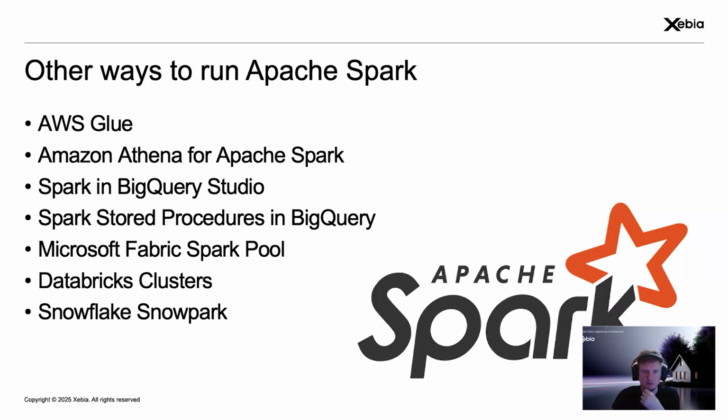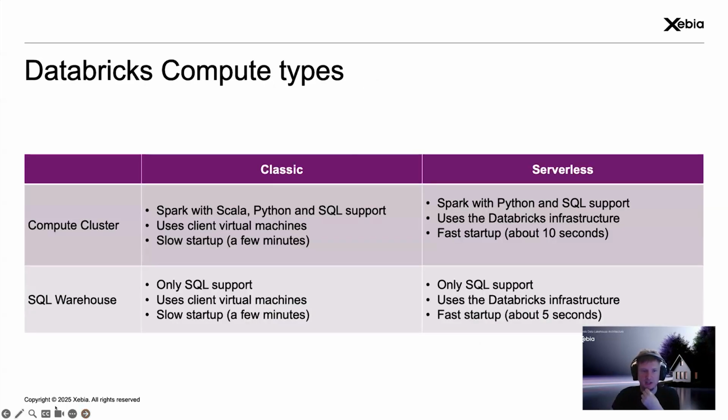We can also work with interactive analytics using BigQuery Studio. We also have supported stored procedures in BigQuery. We can also use Databricks clusters, Microsoft Fabric Spark Pools, or even Snowflake Snowpark. So we have plenty of options.